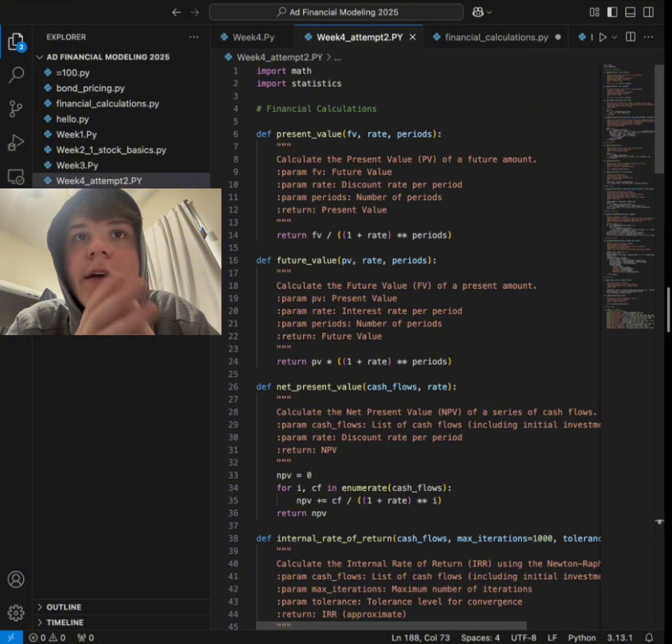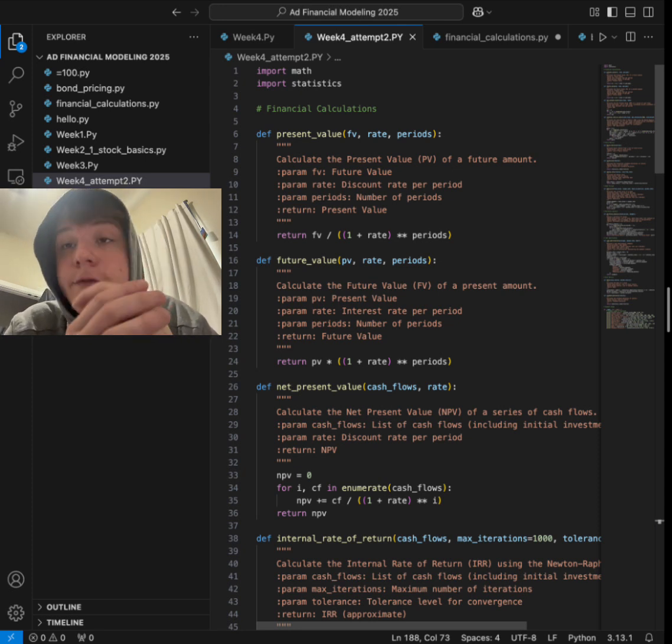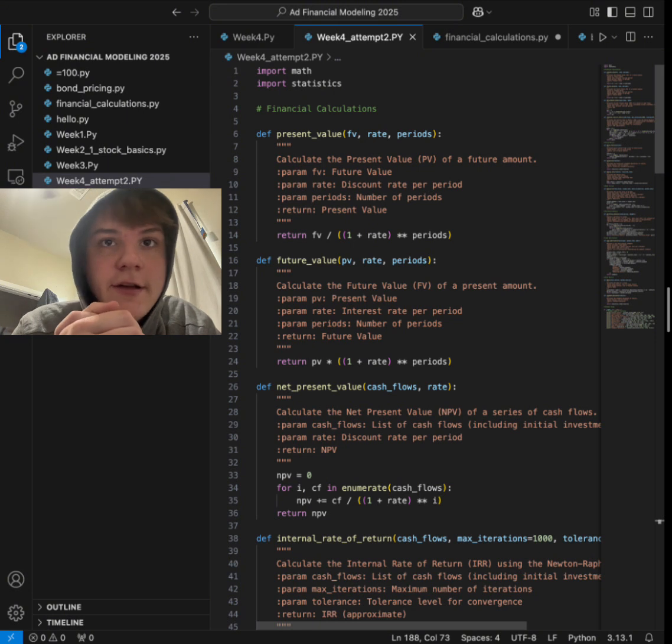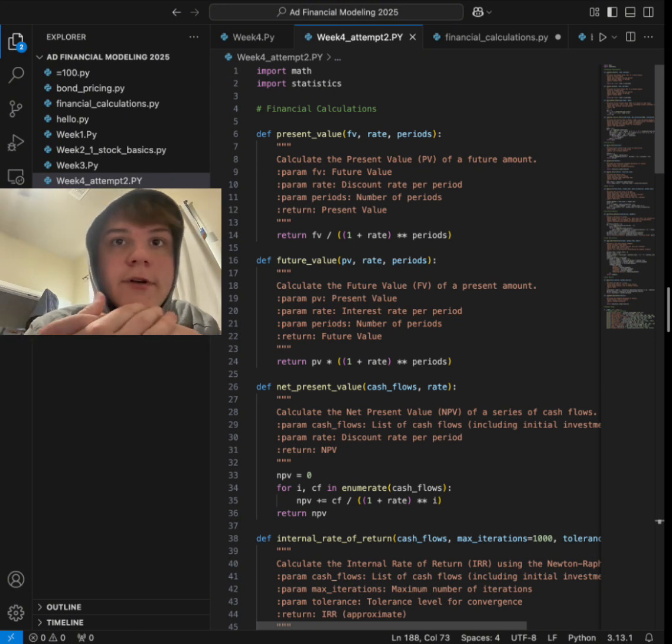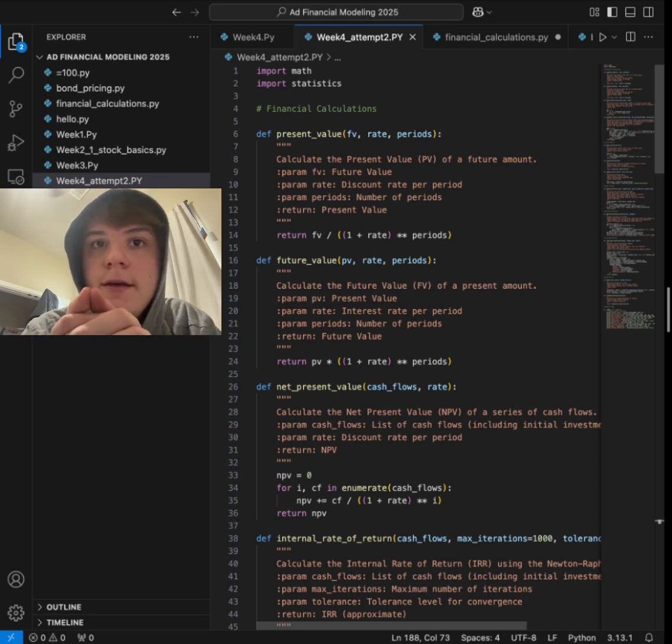So calculate present value, future amount, param FV, param rate, param periods, return present value. Future value, same thing, param PV, present value, param rate, interest rate per period, param periods, number of periods, return future value. Net present value, calculate net present value, param cash flows, list of cash flows, param rate, discount rate, return NPV.